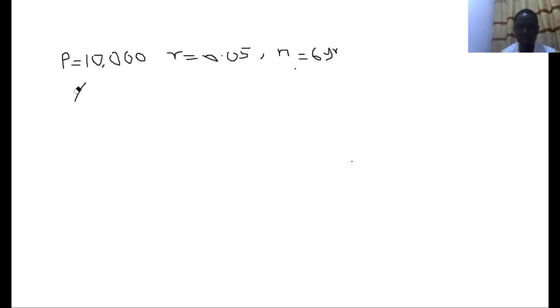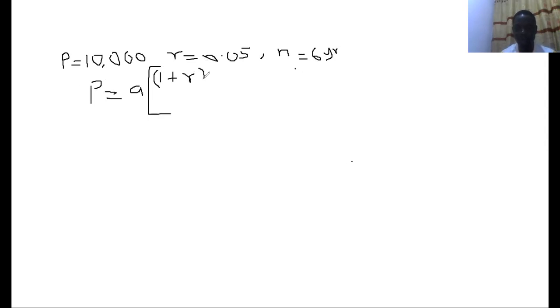So if I'm using this formula, it's very simple, right? P will be equal to the small a, and because payment is in arrears, note that you have to quote the formula for the arrears.